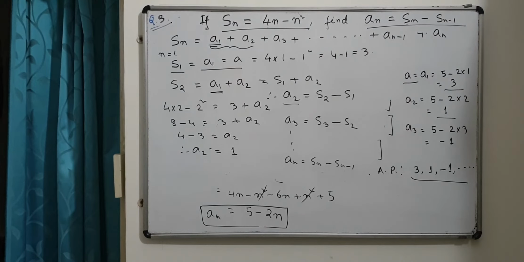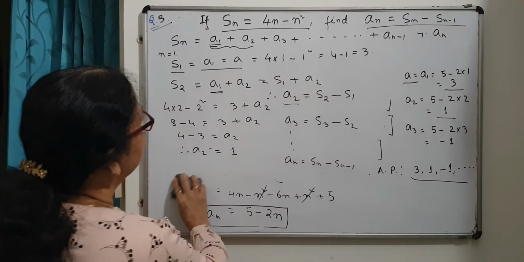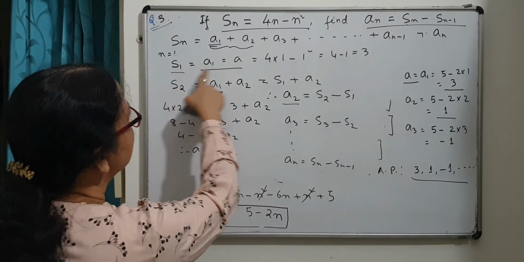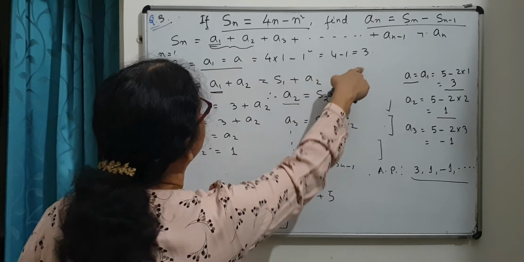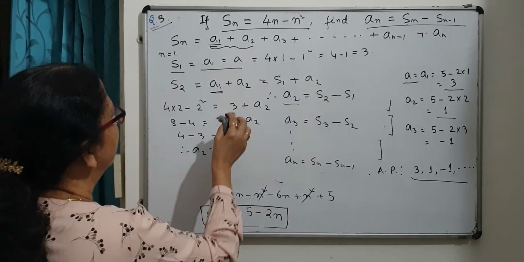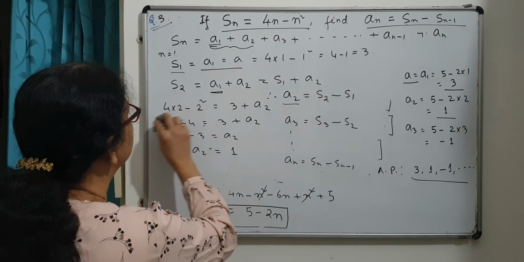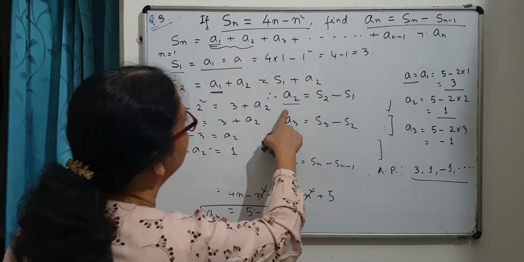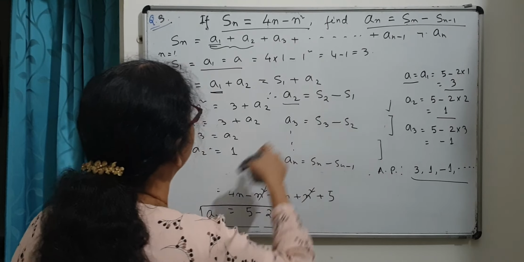By observing this thing, we can get it. So one of the ways we can do it: I found S1, that is your A, is 3, and S2 I have calculated. I have calculated A2 by S2 minus S1.